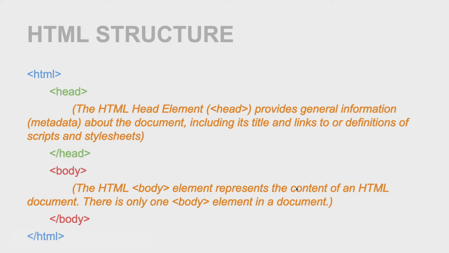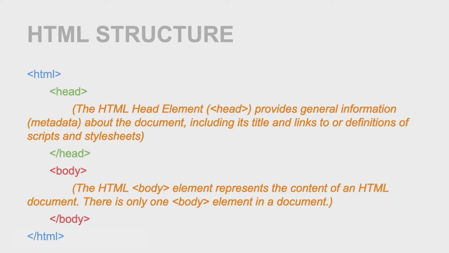In terms of the structure, as it says here, everything that goes in the head is all of the settings for the page. It's everything that the browser needs to know about the page as it loads it. Everything that you want to show to the user then goes in the body element. It is within the opening and closing tags of the body element.